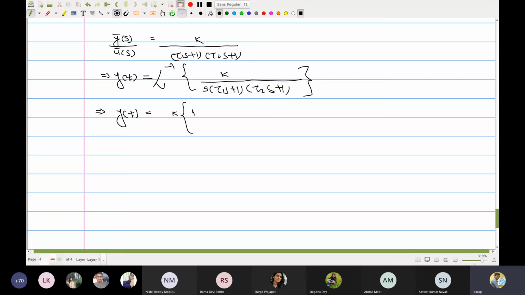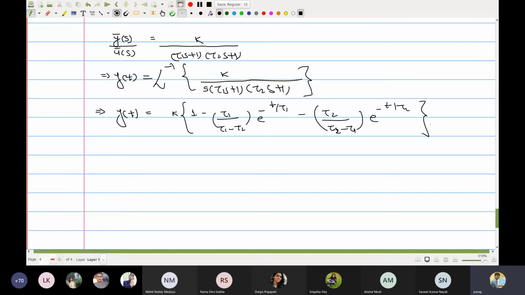If not, let me know. 1 minus tau 1 upon tau 1 minus tau 2 e to the power minus t upon tau 1 minus tau 2 by tau 1 tau 2 minus tau 1 e to the power minus t upon tau 2. Right? So this is going to be the dynamics of the system.